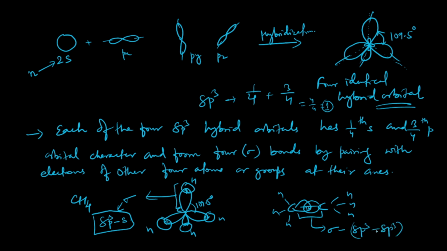So that is going to change, but you have to see what the question is asking. They may be asking about the carbon-carbon bond or the carbon-hydrogen bond, or what the hybridization of this molecule is. Based on that you have to answer. See, this is a sigma bond, this also a sigma bond. But here sp3, sp3, here sp3, s, correct? So likewise you have to see. Got it? Next will be your sp2.